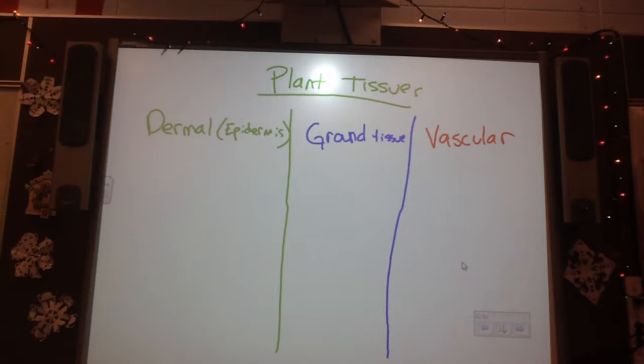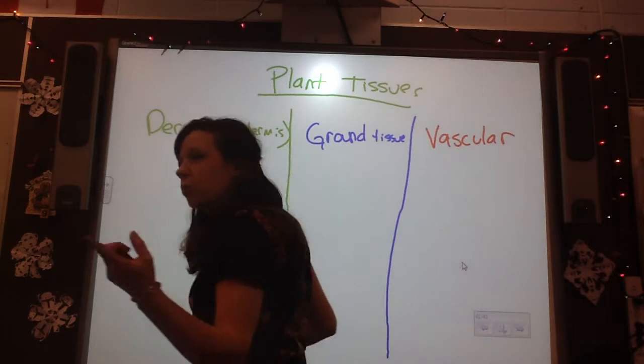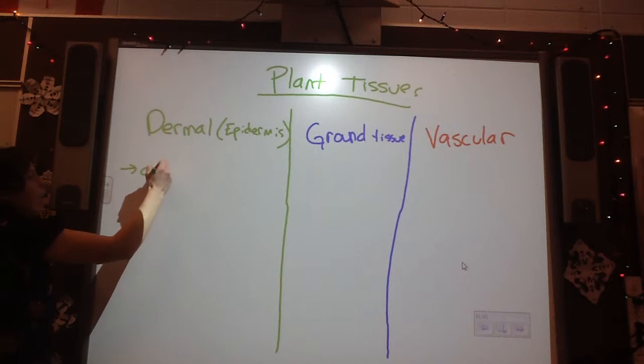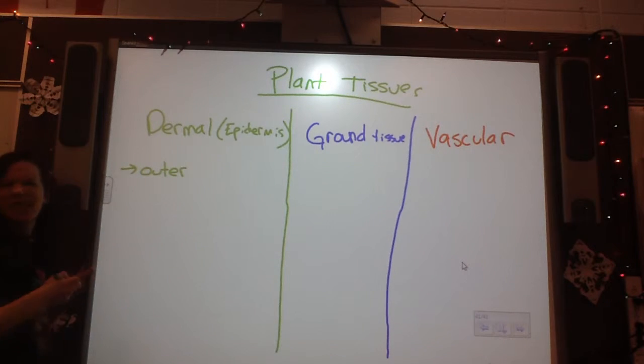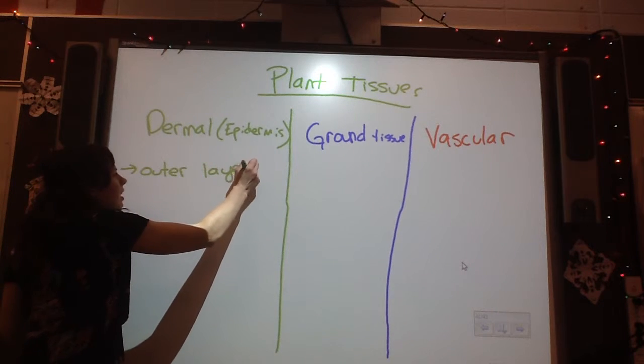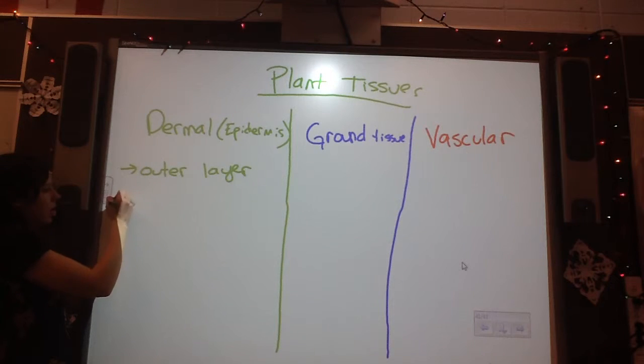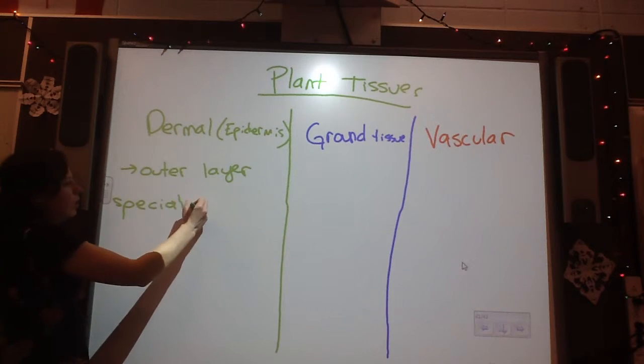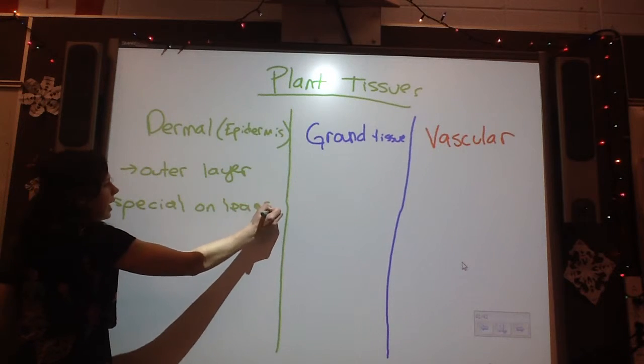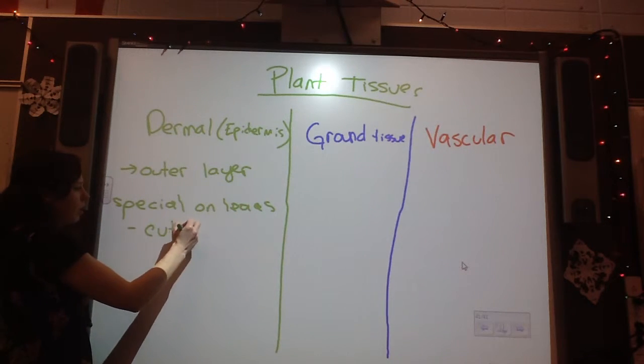Mine's uneven too. So the dermal tissue, the main thing is that it's on the outer, what did we say, outer layer? What did I say in your notes? It's the outer layer of cells. Outer layer, okay. Now, there was something special on the outer layer of the leaves. Sometimes we can have a cuticle.